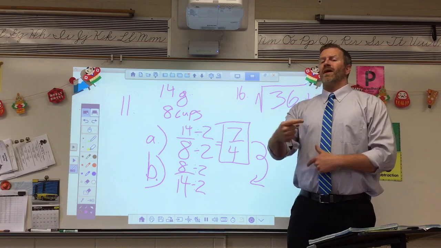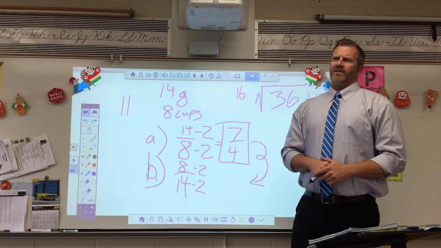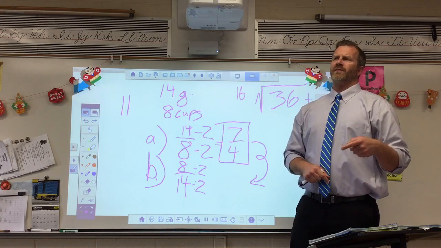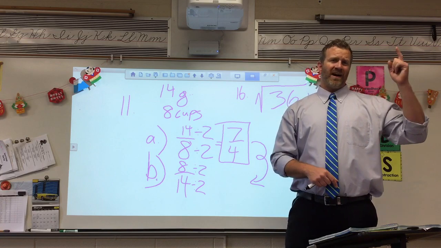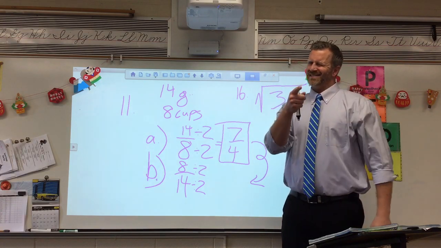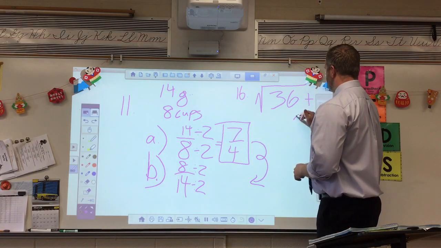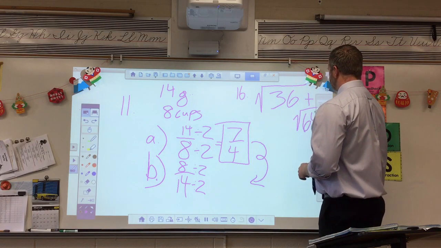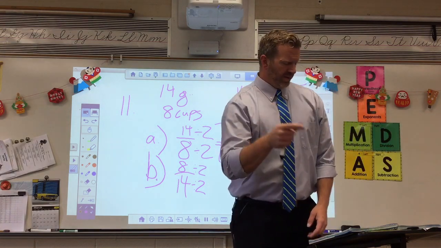So what number times itself equals 36? Well, let's think. 2 times 2 is 4, 3 times 3 is 9, 4 times 4 is 16, 5 times 5 is 25, 7 times 7 is 49, so I bet it drops between 5 and 7. All right, so use that, and then you got to figure out what the square root of 64 is, and you're going to add those two square roots together.